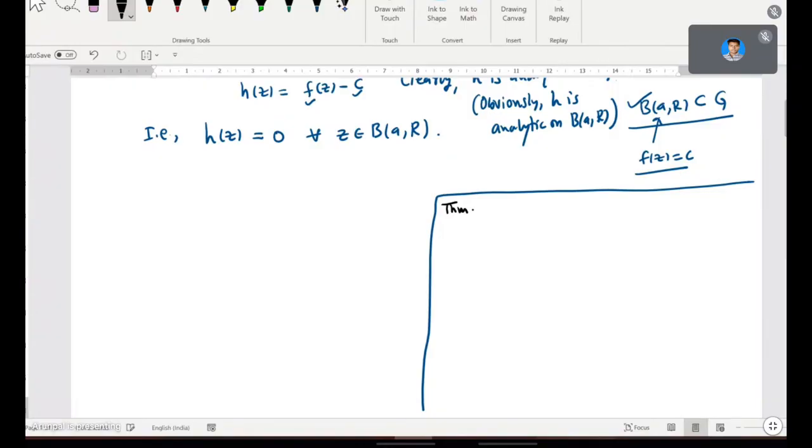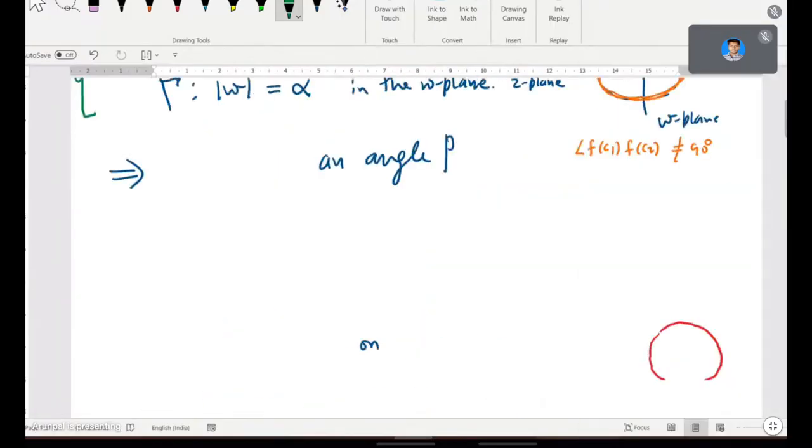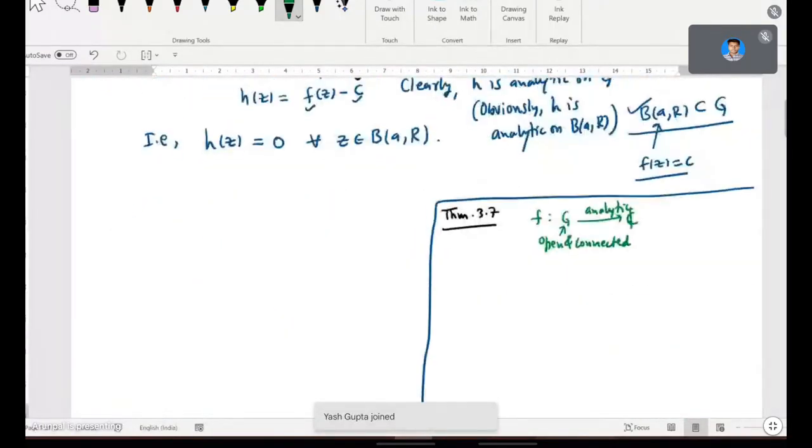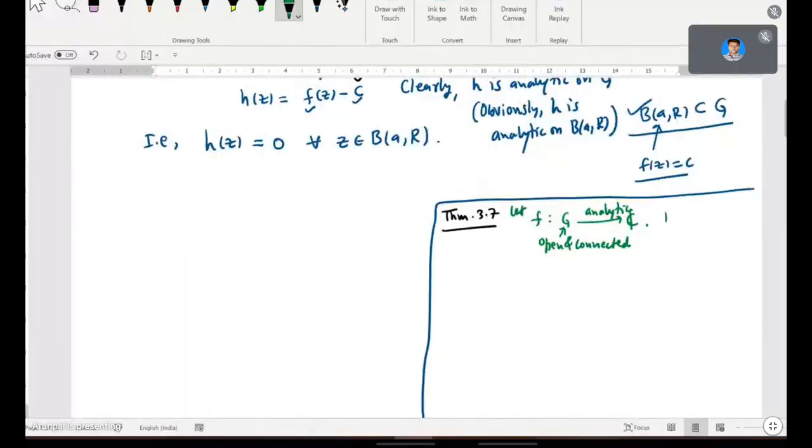We did a theorem, this was theorem 3.7, which says that if you have a function f from G to C, G is open and connected, and f is analytic, then if you remember, the following are equivalent.